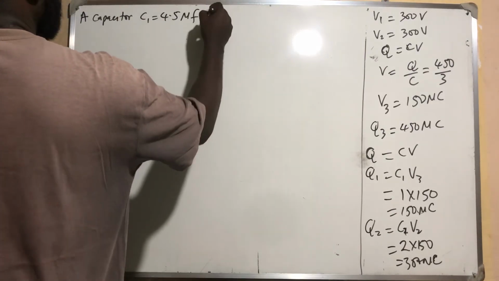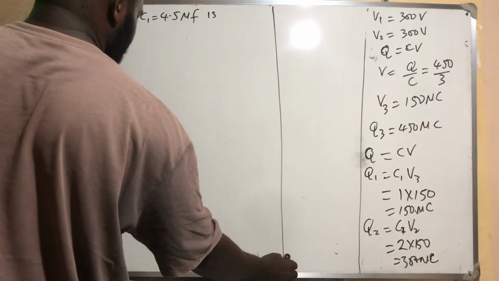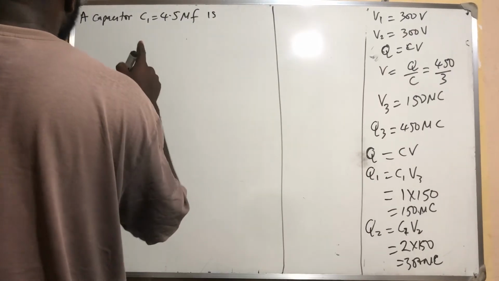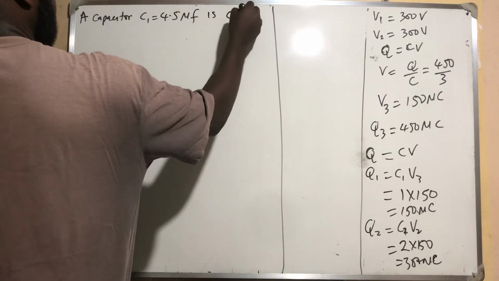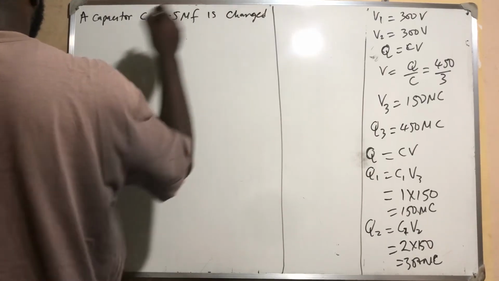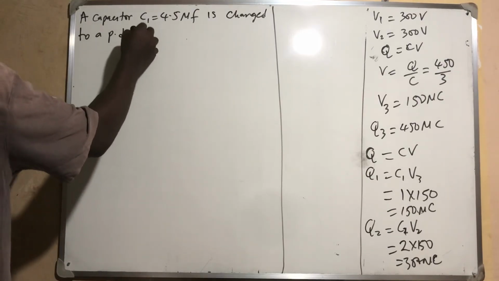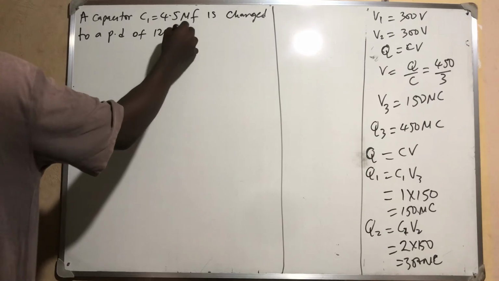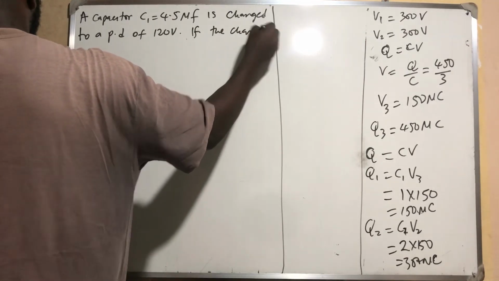Micro is 10 raised to the power minus 6 anyway. So it should be mu farad. It's charged to a potential difference of 120 volts.